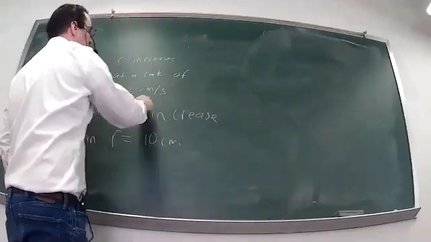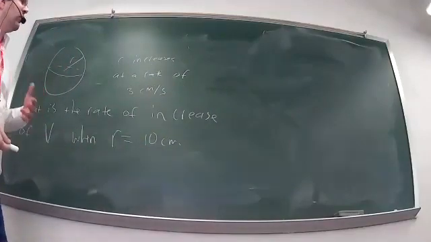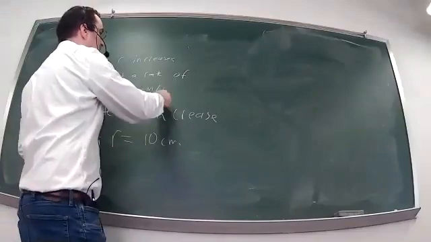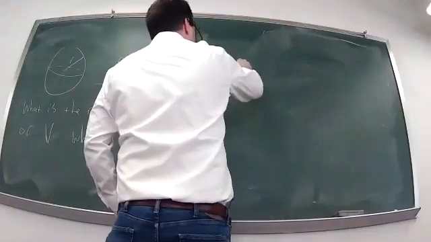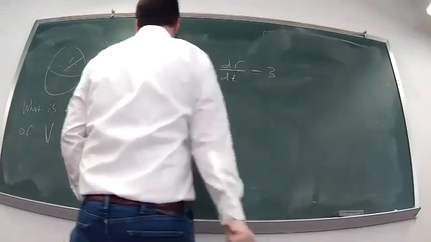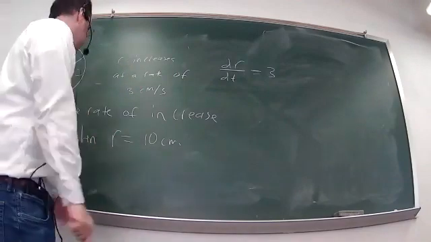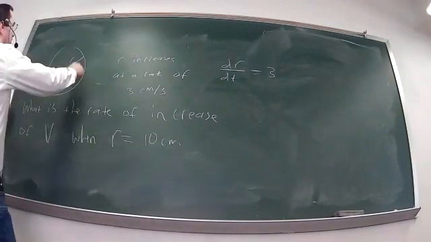That's your clue that the variable with respect to which it's increasing is time. So another way to write this is that dr dt is equal to 3 centimeters per second. The rate of change of r with respect to time is constant. It's equal to 3.